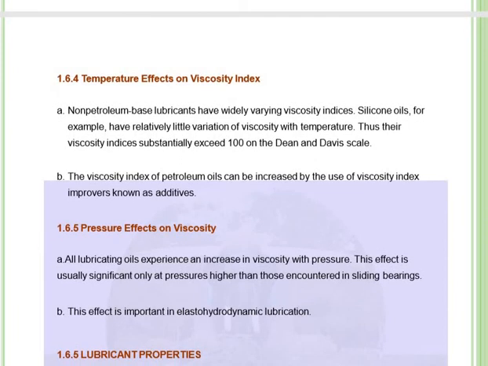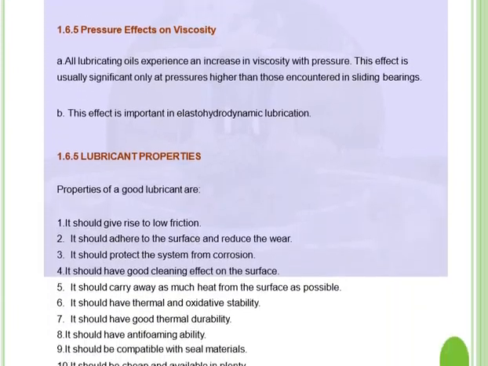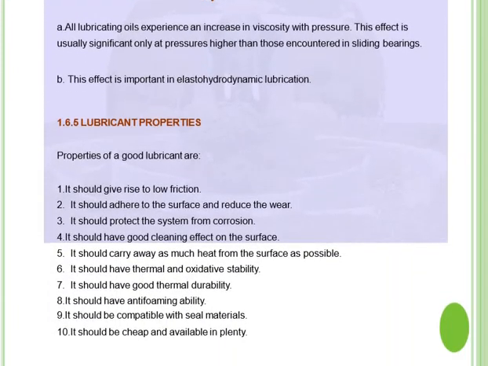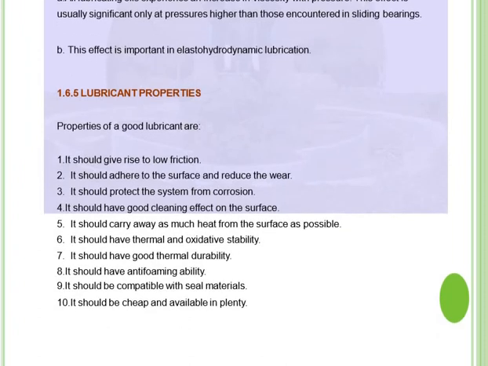Okay, so lubricant properties also we can see in sliding contact bearings and rolling contact bearings. It should have very low friction, and it should protect the surface and reduce the wear. To reduce the wear, the surface we can adhere to. And one more is to reduce the friction.